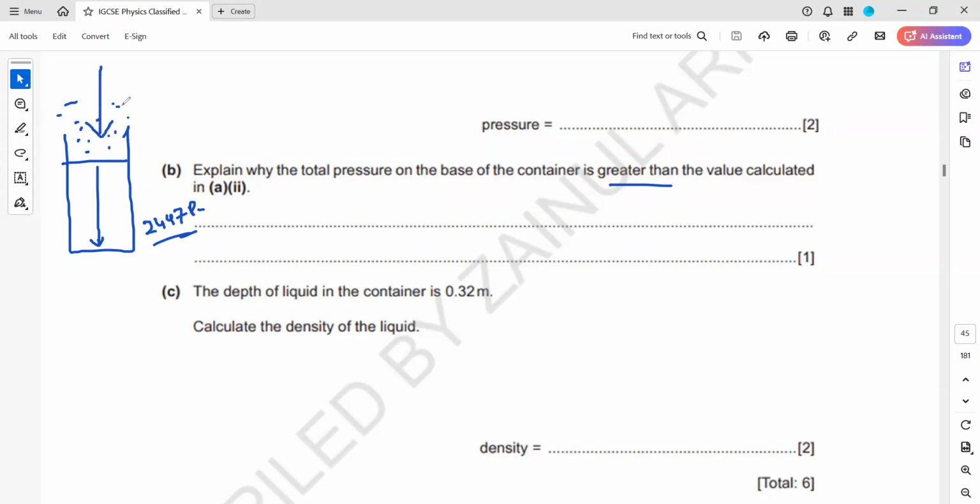These air particles will also push, and we call that atmospheric pressure. So the pressure of the atmosphere is also contributing to the pressure on the base. So the total pressure will be equal to the pressure of the liquid plus the pressure of the atmosphere. We just calculated the liquid pressure, but because the atmosphere is also exerting a pressure, the total pressure will be higher than the calculated value. That was B.